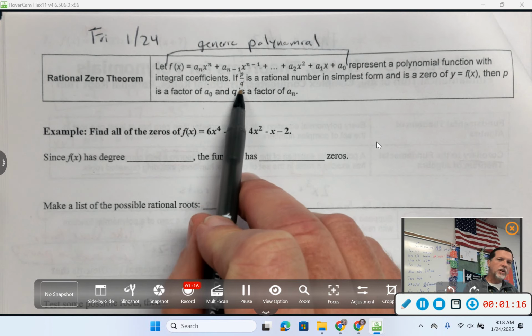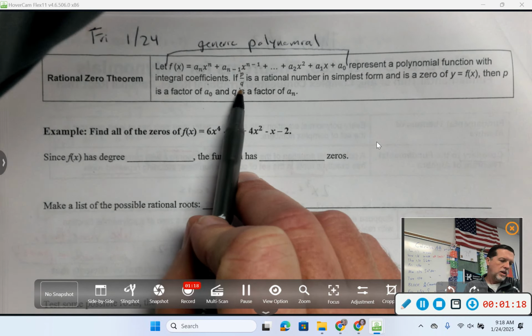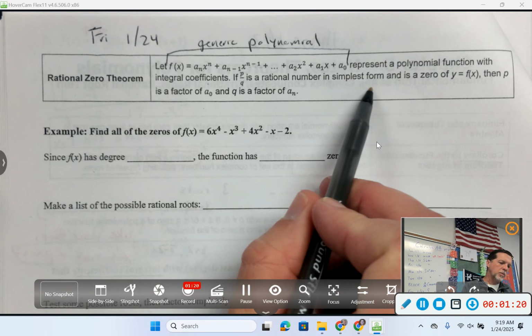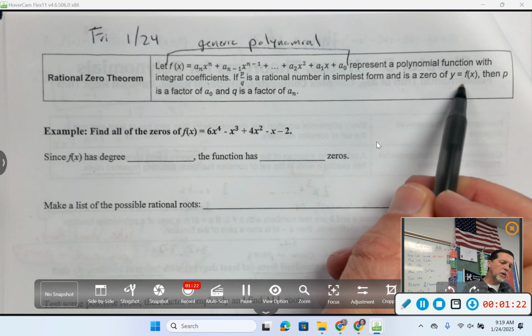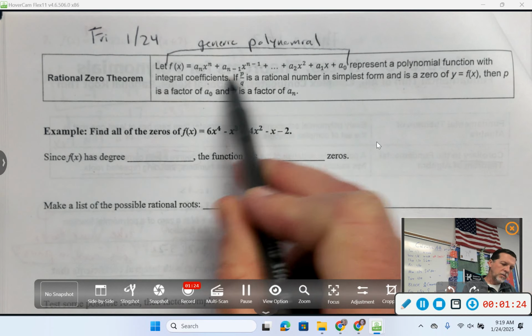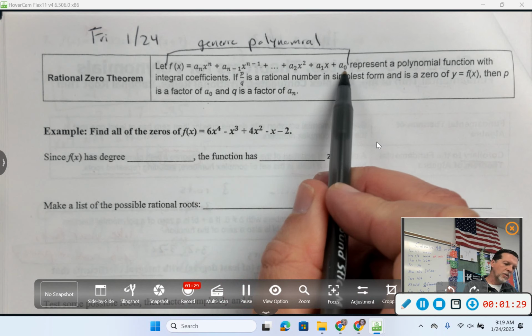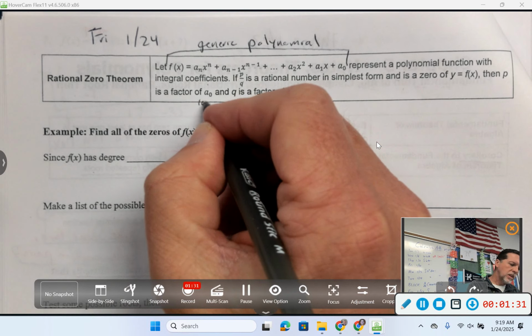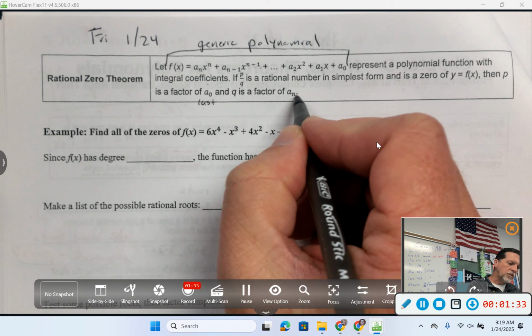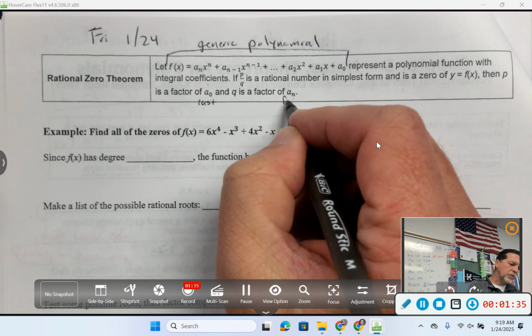If p over q is a rational number in simplest form and is a zero of this polynomial, then p is a factor of a0, that would be the last one. Q is a factor of an, that's the first one.